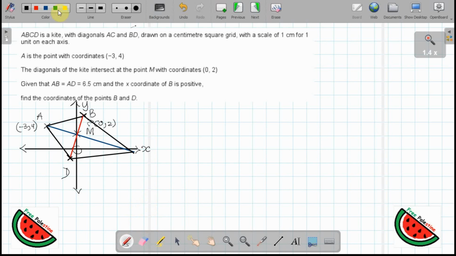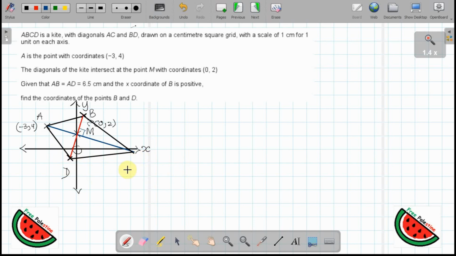Now, a few properties of a kite. This blue line over here would split the kite into two congruent triangles. And the red line and the blue line, the diagonals, meet at 90 degrees. The blue line is like a line of symmetry, although it's not exactly a line of symmetry on this diagram. It should be like that.